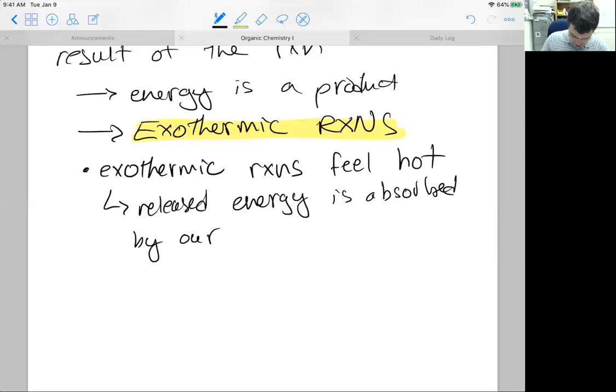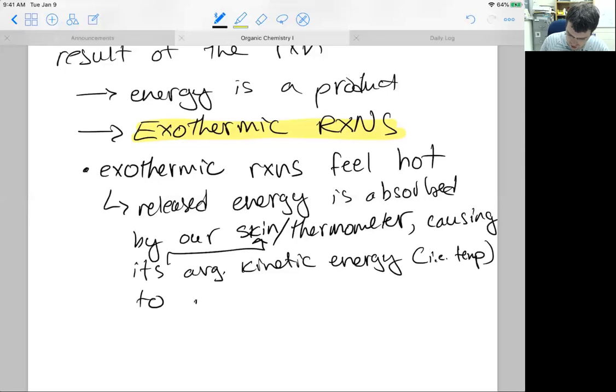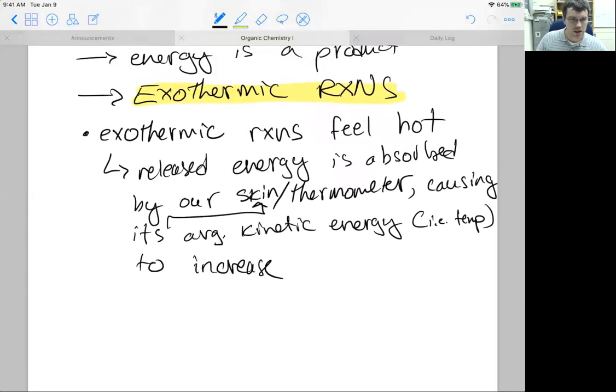But anyway, it is absorbed by our skin, causing its, just to clarify, the skin or thermometer's, average kinetic energy, tie it all together, i.e. temperature, to increase. So the temperature increases as the potential energy is released from the system and it hits our hands or other sort of temperature, kinetic energy detecting device.